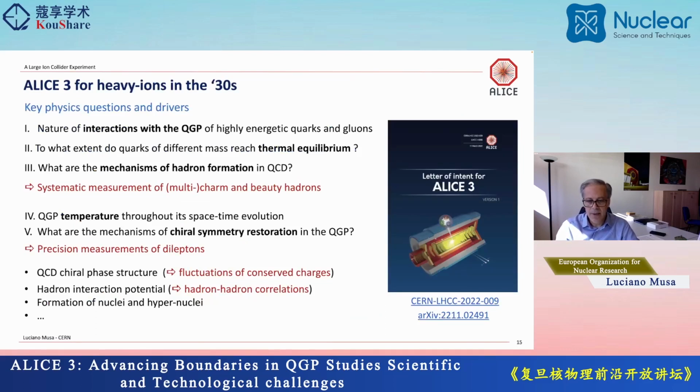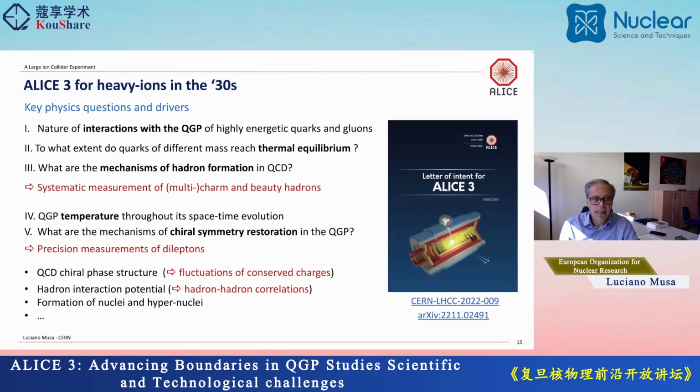Now let me tell you what we envision for this new phase, ALICE 3, which is a next generation detector for the 30s. But first of all, what we aim for in terms of key physics questions and key physics drivers. What we expect are the big questions still unanswered by the end of this decade.